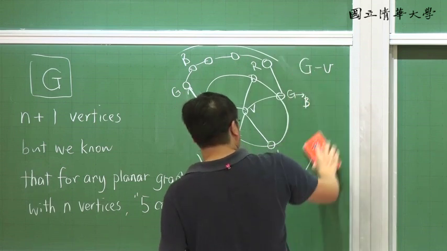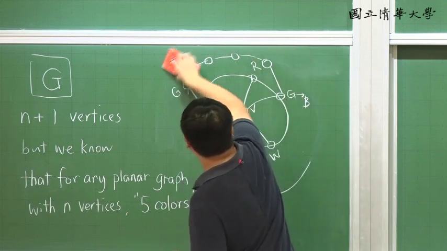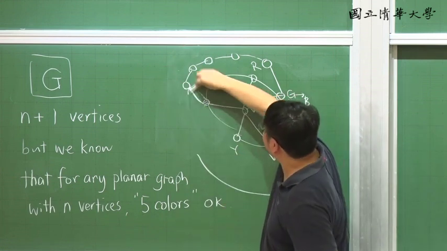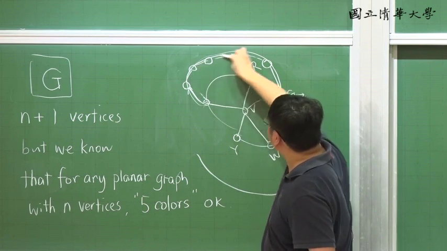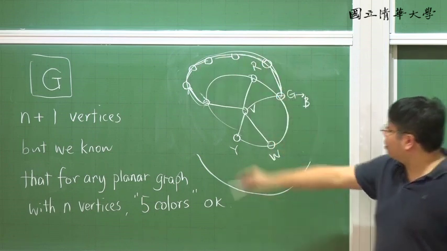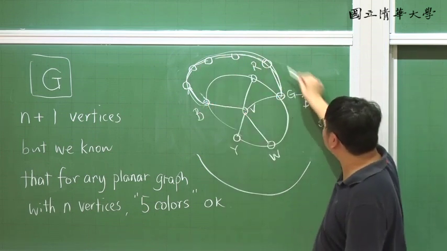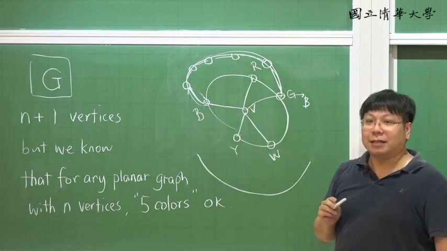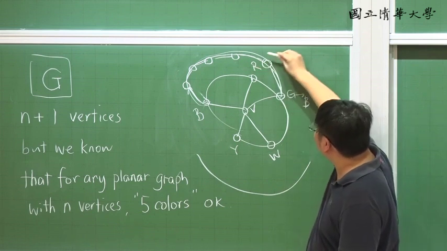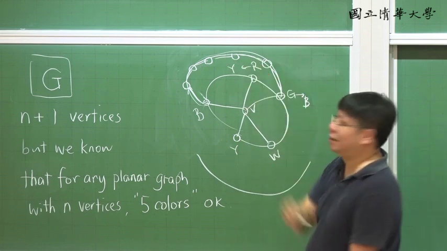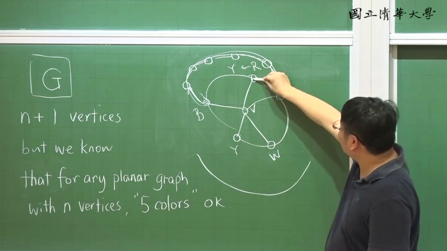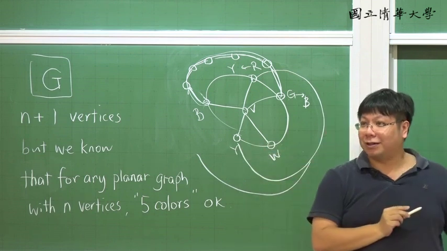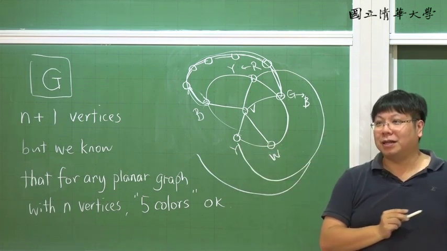So for this to happen, there must be a path that is drawn on the plane that joins this blue vertex and green vertex together. Am I correct? And in that sense, then I can change this R to Y. Because what I know, there's no way that R and Y can join together, because it is a planar graph.